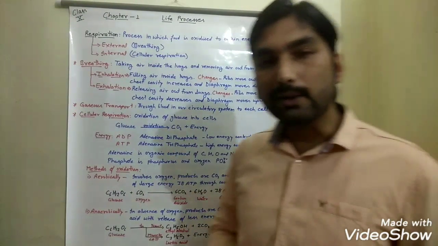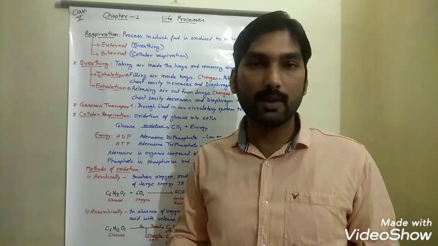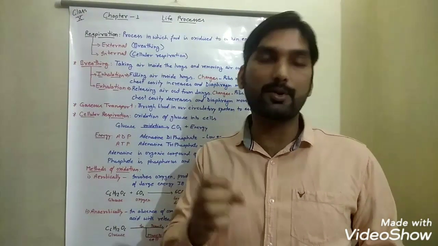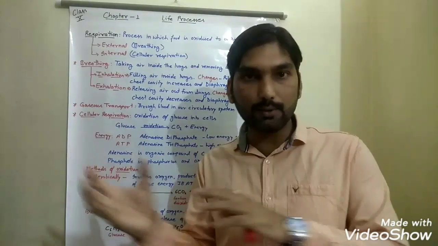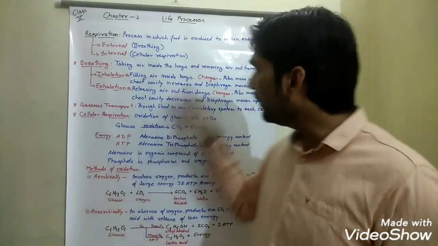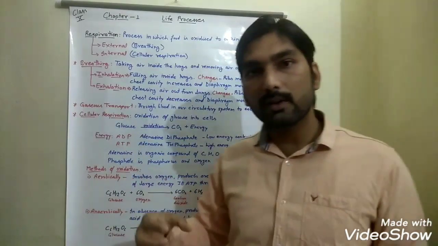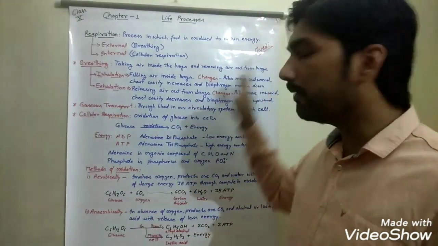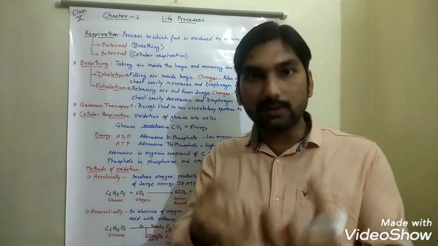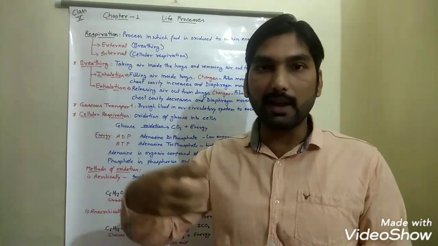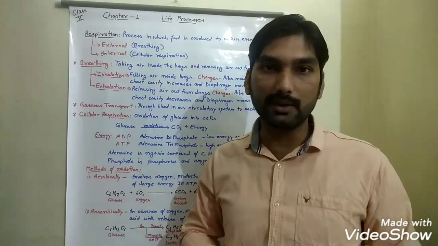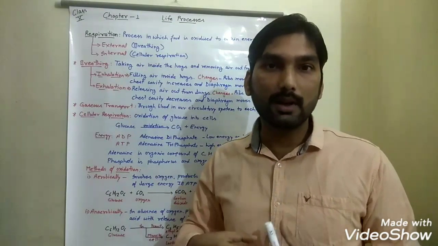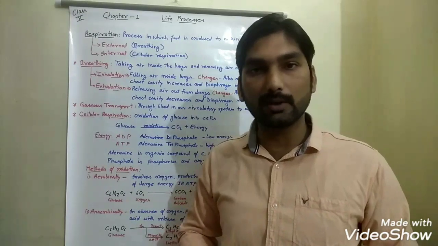These alveoli are very thin structures lined with blood capillaries, where blood is transported through these alveoli. So when the air is filled in these alveoli, the newly inhaled fresh air has more concentration of oxygen, and our blood has less concentration of oxygen.